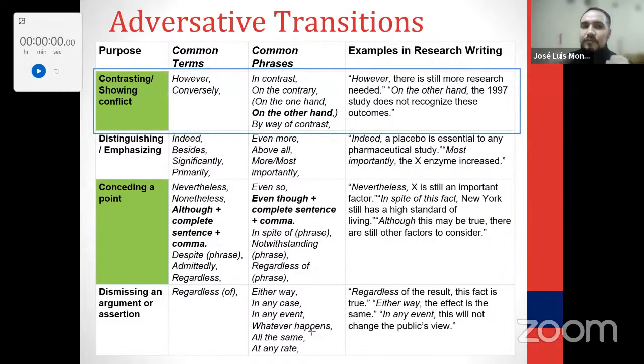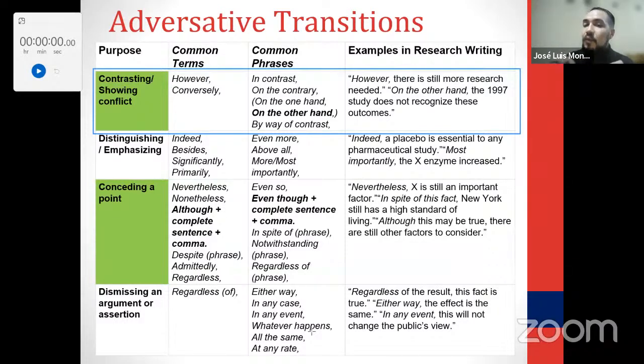So you have to show 2 different ideas. There's not a way to connect those 2 ideas. They have something in common, of course, but they show a contrast. They show a conflict. The 2 ideas have to conflict. And if you show a conflict between that, you are using this correctly.